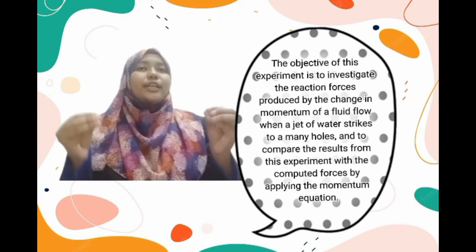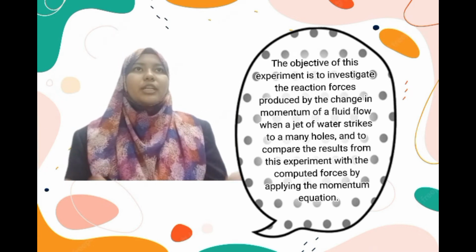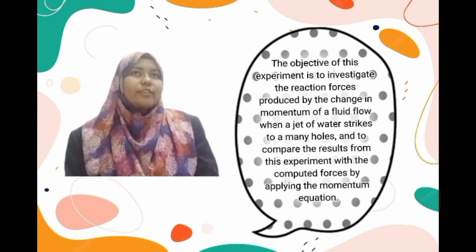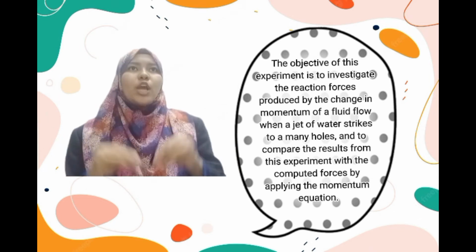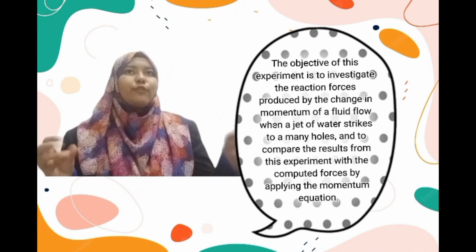The objective of this experiment is to investigate the reaction force produced by the change in momentum of a fluid flow when a jet of water strikes a manifold, and to compare the results of this experiment with the forces computed by applying the momentum equation.